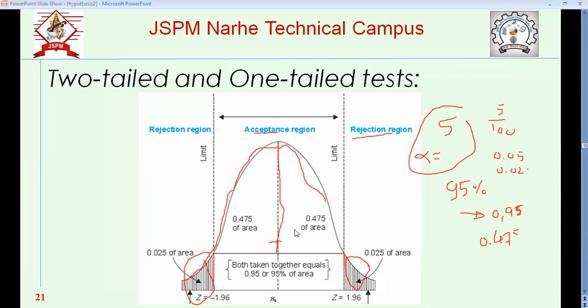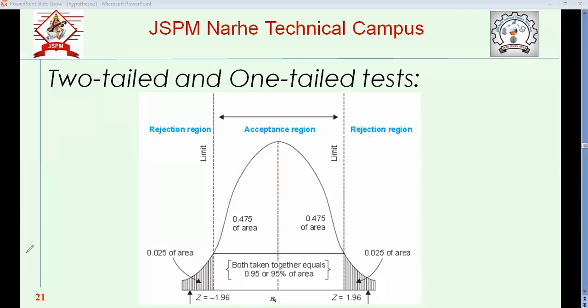Now there is a value Z which is required for calculation purposes. So this value is Z. Here it is plus 1.96 on this side, and this is minus 1.96. This we have to see from the table. That table I will show you.